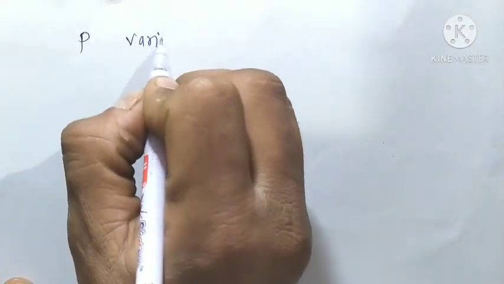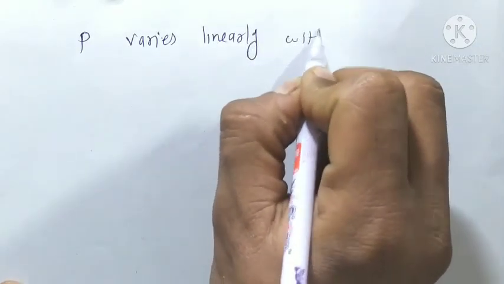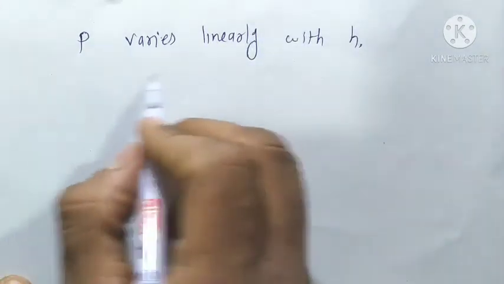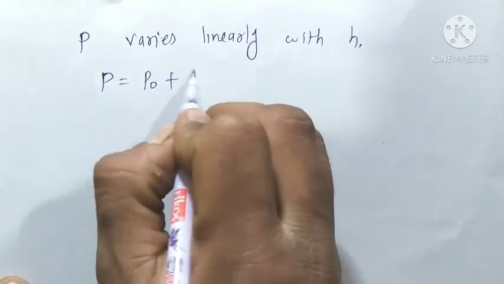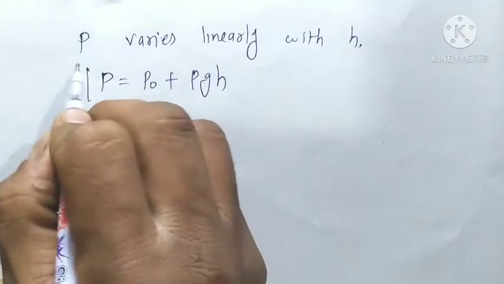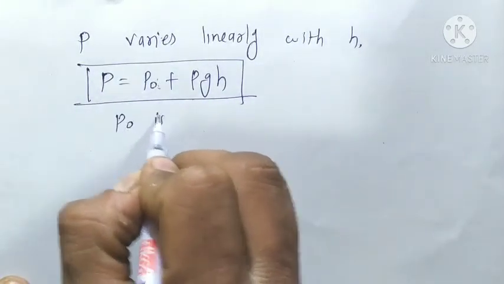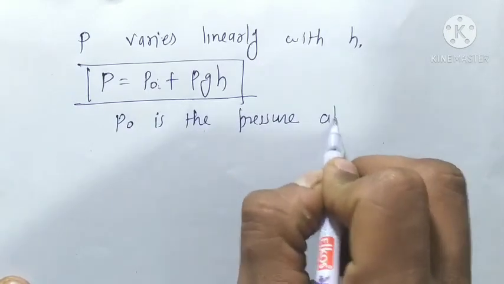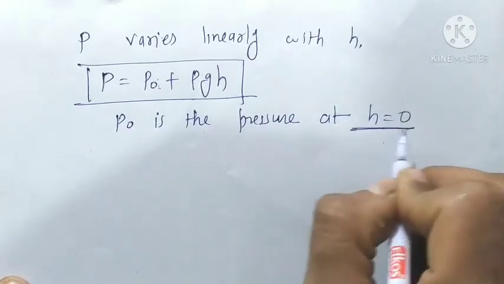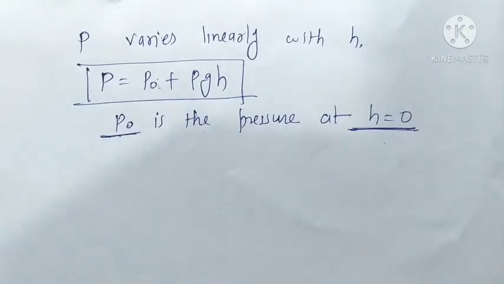Here P varies linearly with H. So finally we can write P is equal to P0 plus rho G H. What is the P0? P0 is the pressure at H is equal to 0, atmospheric pressure. P0 is called atmospheric pressure.